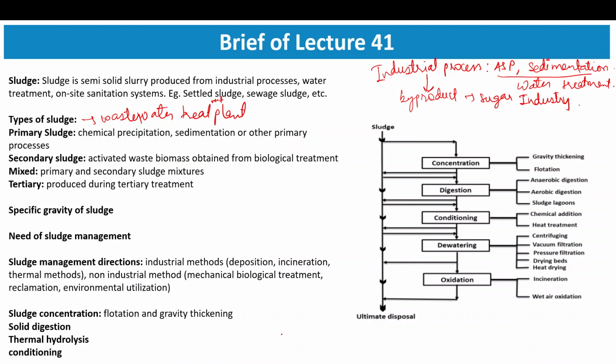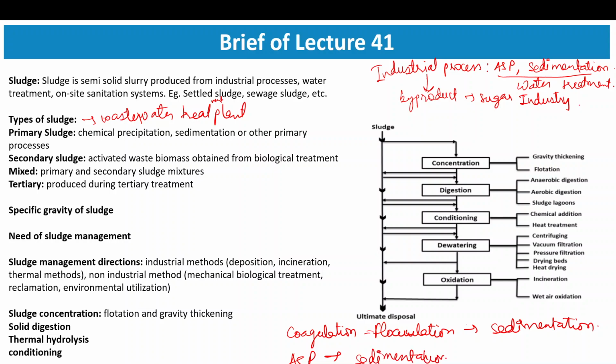One is the sedimentation process which is followed by coagulation flocculation, which is a primary treatment. Another is the secondary activated sludge process, followed by a clarifier or sedimentation tank. So this sedimentation is primary, and here it is known as secondary.